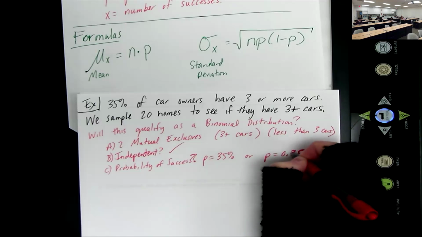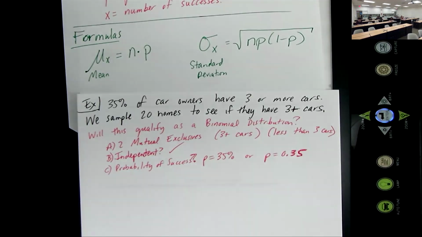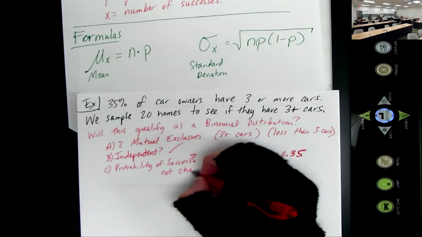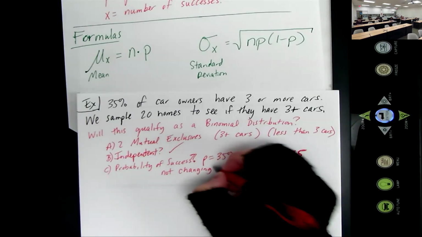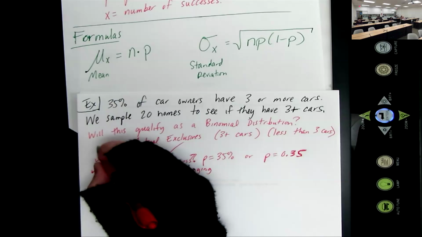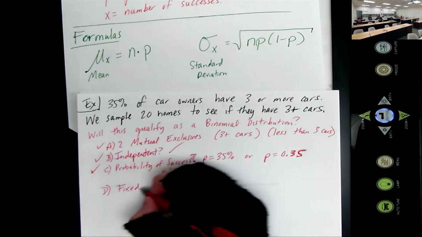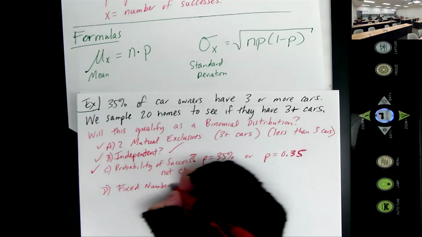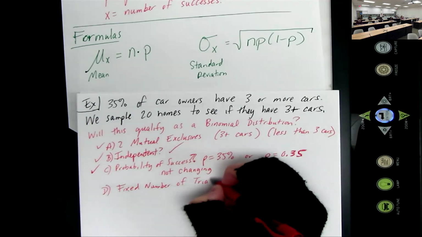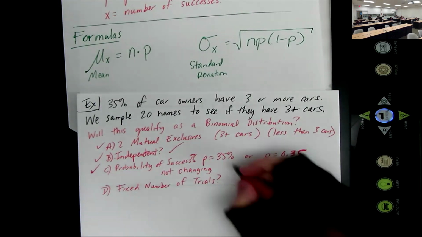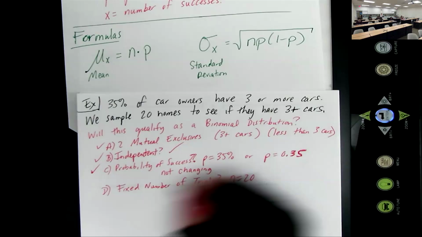That's the only piece of information we have, so that's what we're using. So it's not changing. So that one's met. Finally, do we have a fixed number of trials? The 20. n equals 20. Yes.